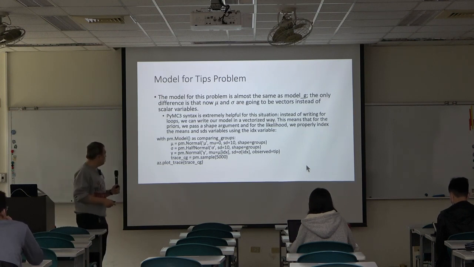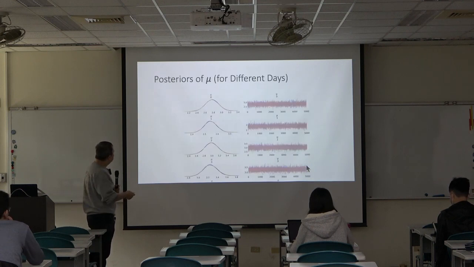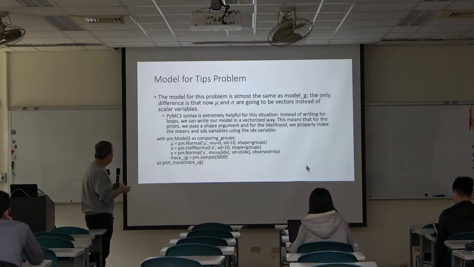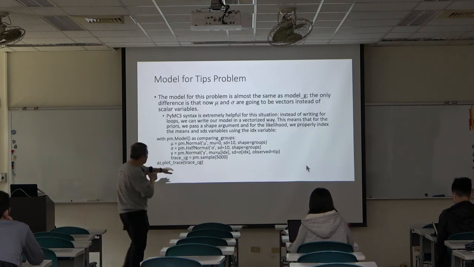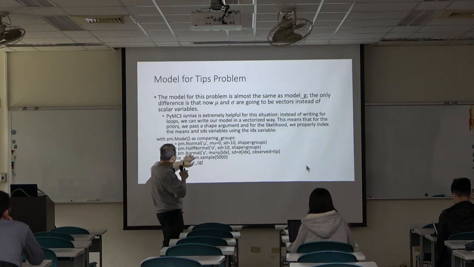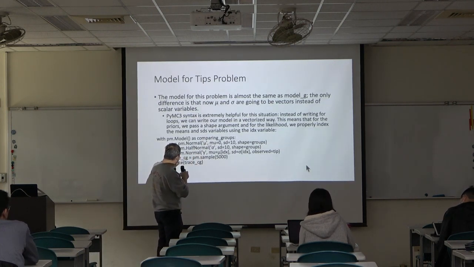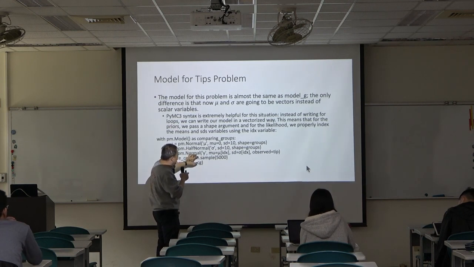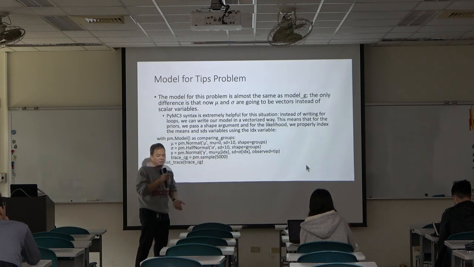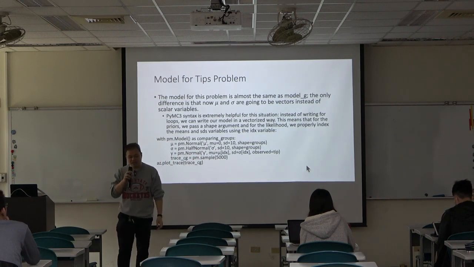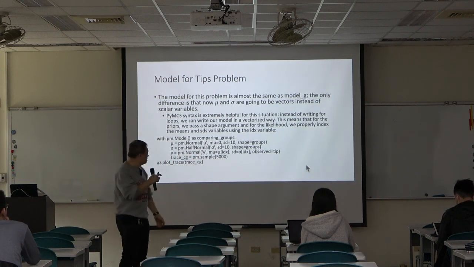So we have a normal distribution: y is distributed as a normal distribution, and because it's a normal distribution, we have mu and sigma.